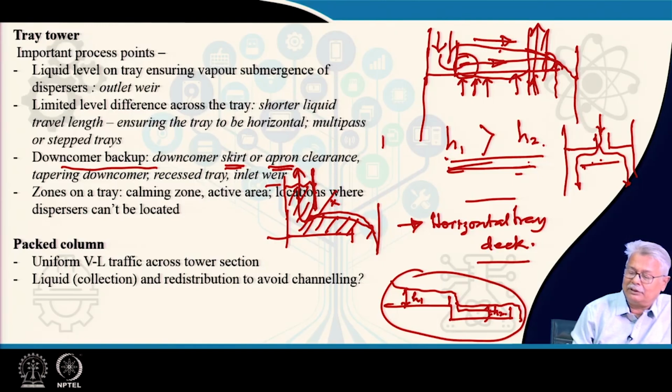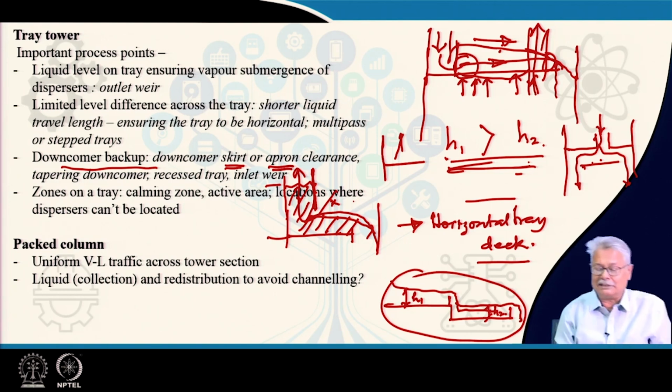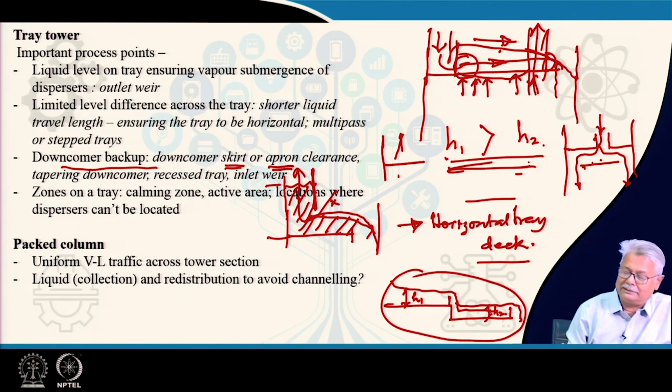For example, instead of a horizontal downcomer, you could have a tapered downcomer also. You can have stepped downcomers also. The other option is, if you have a downcomer with a very low liquid rate, possibly you could obstruct here with an inlet weir so that the liquid has to flow this way, and this obstruction increases the downcomer backup.